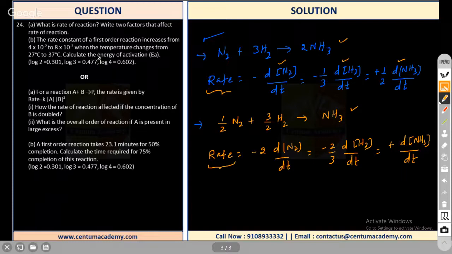And I think there is only calculation in this. Tell me if any one of you are getting 535 point something kilojoule.